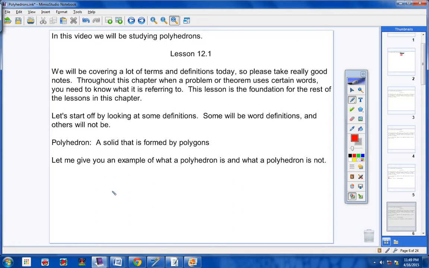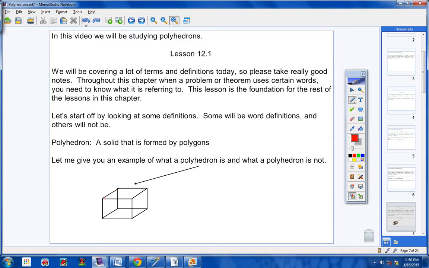Now, let me give you an example of what a polyhedron is, and also what a polyhedron is not, okay? It's important that you see both of these, alright? So, here we go. First of all, if you're able to sketch a box in your notes, if you have the skills to do that, please sketch a box in your notes, okay? Now, if you'll notice something about all of the sides or faces of this polyhedron, they're all polygons.